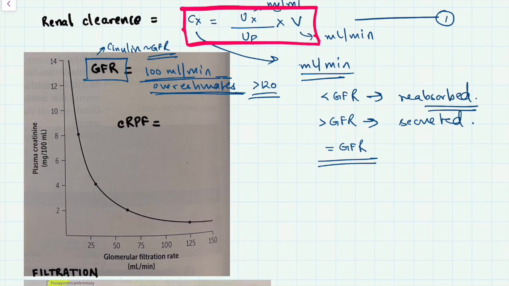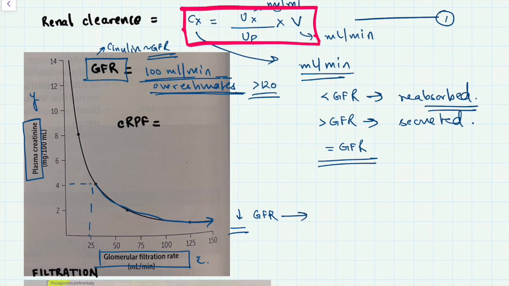So now look at this graph. This is the plasma creatinine on the y-axis, while glomerular filtration rate on the x-axis, right. So you can see as the GFR increases, the plasma creatinine value decreases. What this means is that this graph is showing a normal function of the kidney, that is, in cases of low GFR, for example 25, the plasma creatinine would be 4.